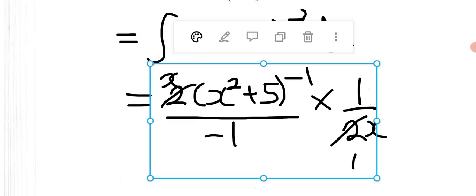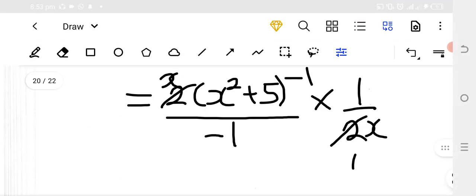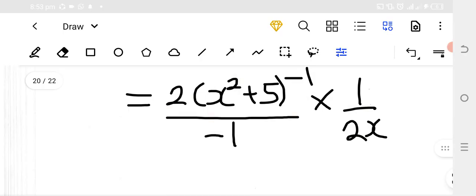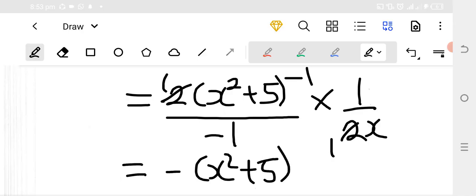Okay, so if you resume, I accidentally put 2 can go into 2x. Let me remove that. I meant to say 2 can go into itself a 1, 2 can go into 2 a 1. Okay, and then we are going to say it is equal to negative (x squared plus 5) to the power negative 1.